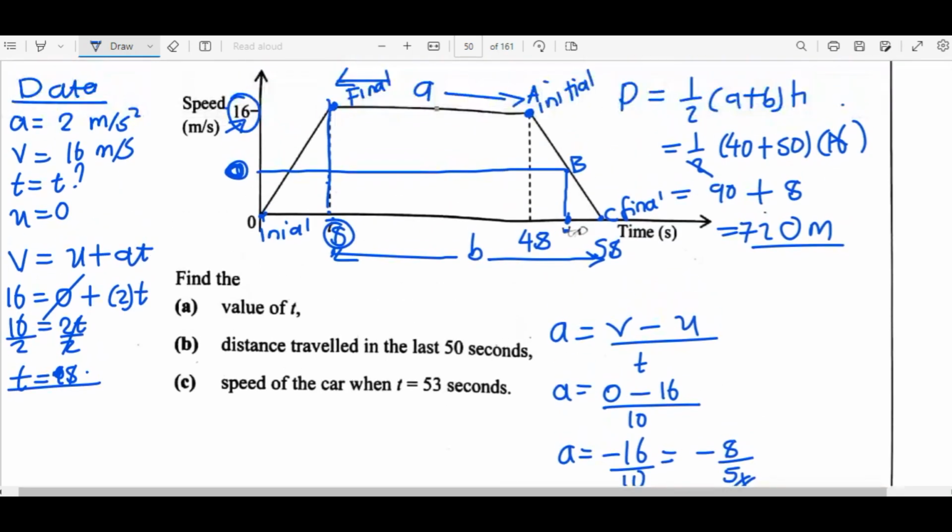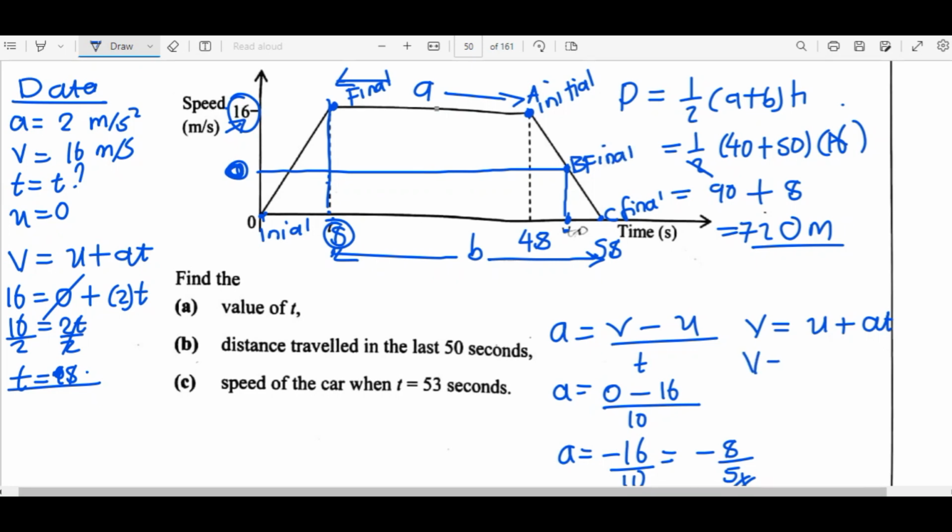Now we go back to this point. Remember, if the line is straight, then the acceleration is constant. So we have the acceleration between A and B. Can we find the final velocity? Yes, we can. The final velocity is equal to initial plus at. So if we get AB, then B is our final.